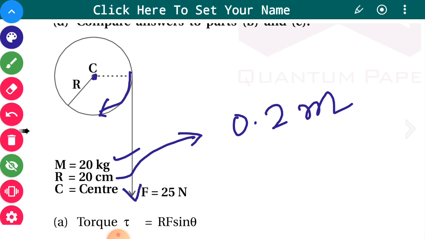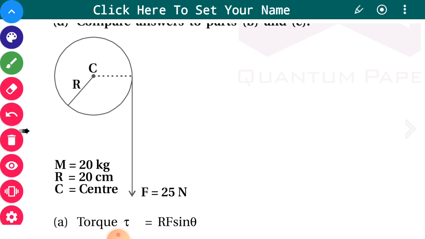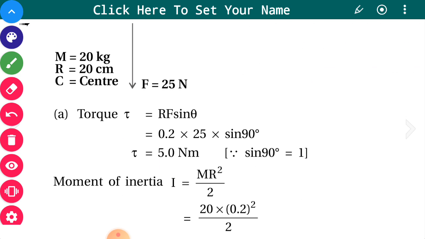Torque is equal to R F sin theta. This is the radius vector and this is the force. The angle between them is 90 degree. So R F sin 90, and you will have torque to be 5 Newton meter if you substitute R which is 0.2, and F which is 25 Newton.